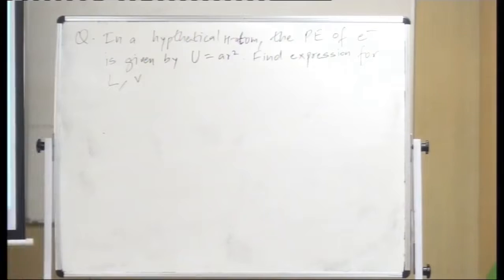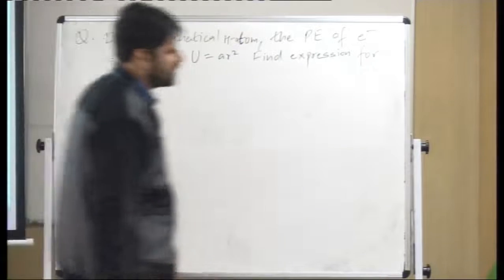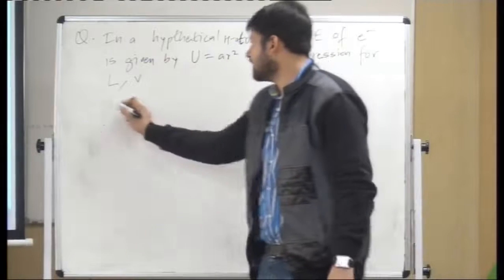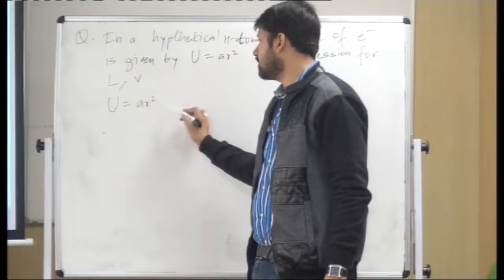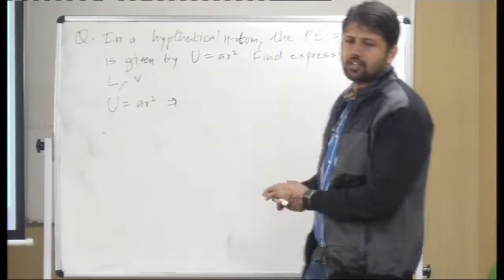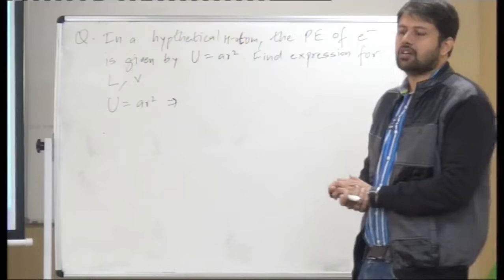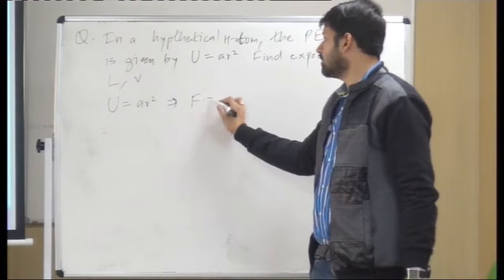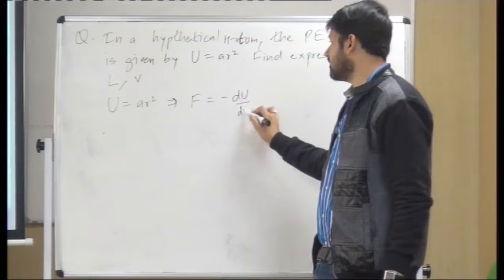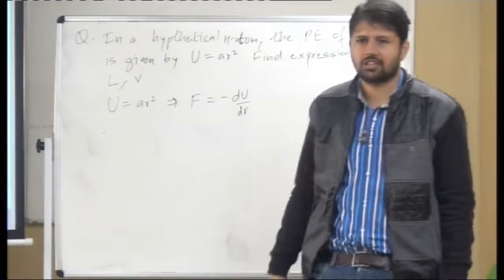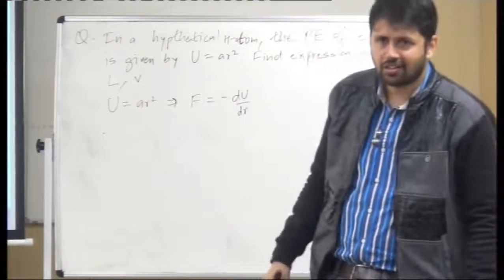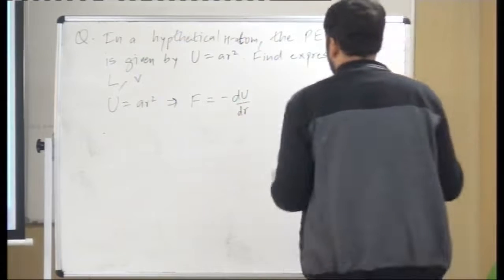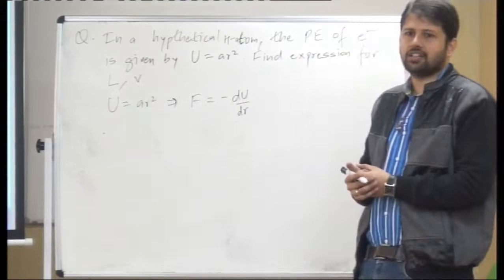So how to solve this kind of question? See, the potential energy is AR square, and you know the conservative force acting can be written as minus du by dr. ये पता है या नहीं पता है? You know this or not? You studied this when you were studying work energy power, right?